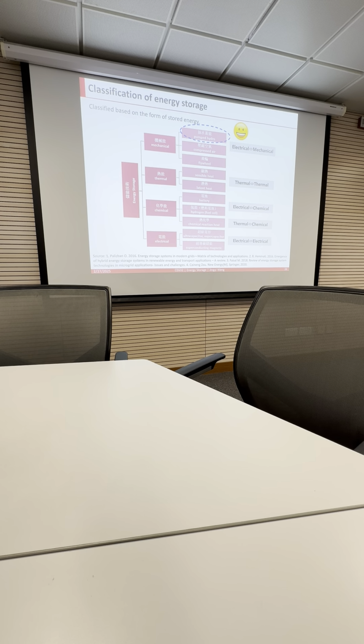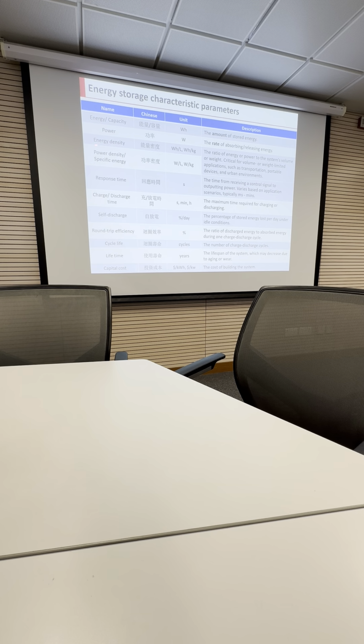Okay, so like the energy, power, energy density, and power density, and the response time, how fast this technology can respond to the requirement, and the charge and discharge time. Self-discharge means if you place the battery there will be a loss of the energy storage along the time. Okay, and this one is very important. So round trip efficiency.